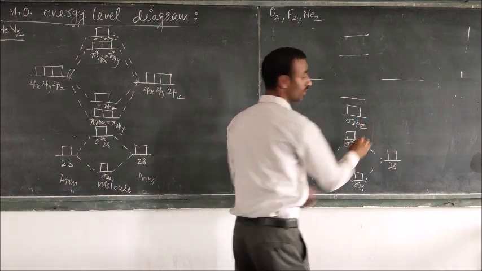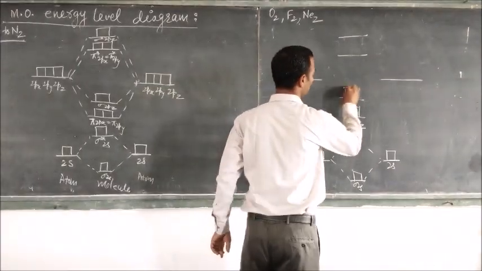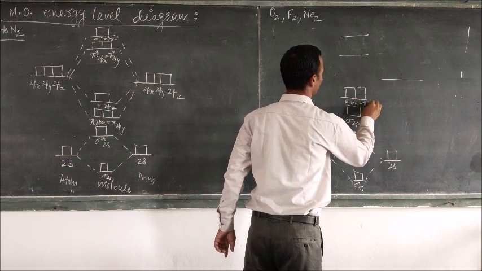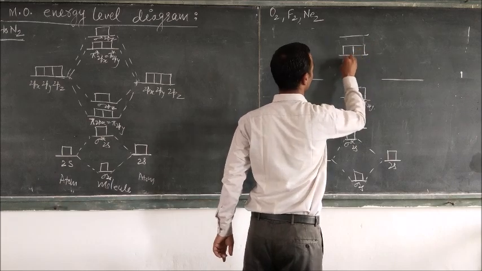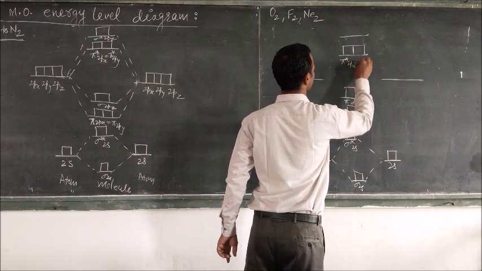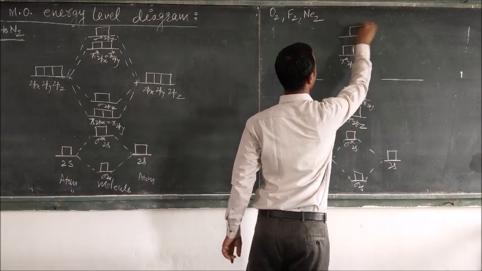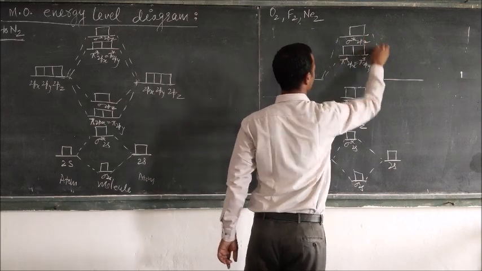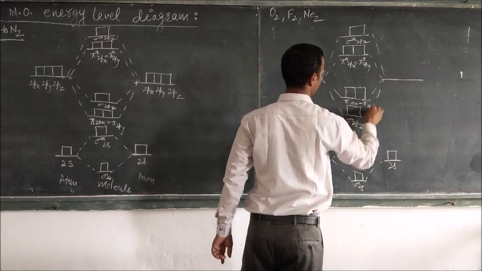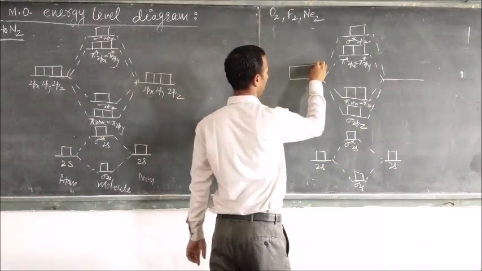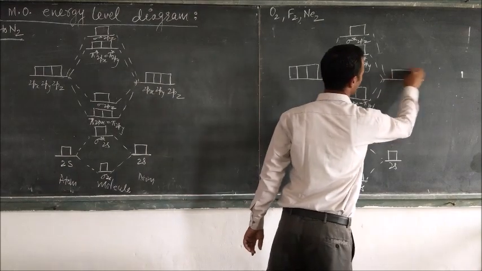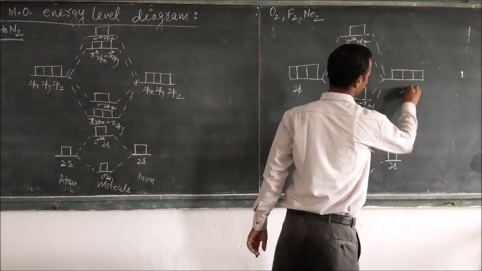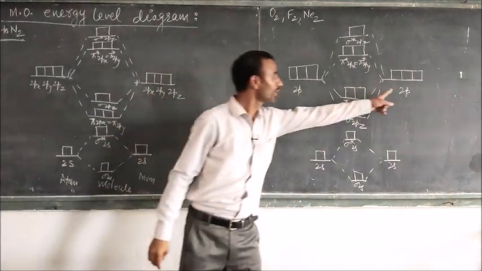Now in this case sigma 2pz is of lower energy, then pi 2px, pi 2py, then pi star 2px, pi star 2py, then sigma star 2pz.